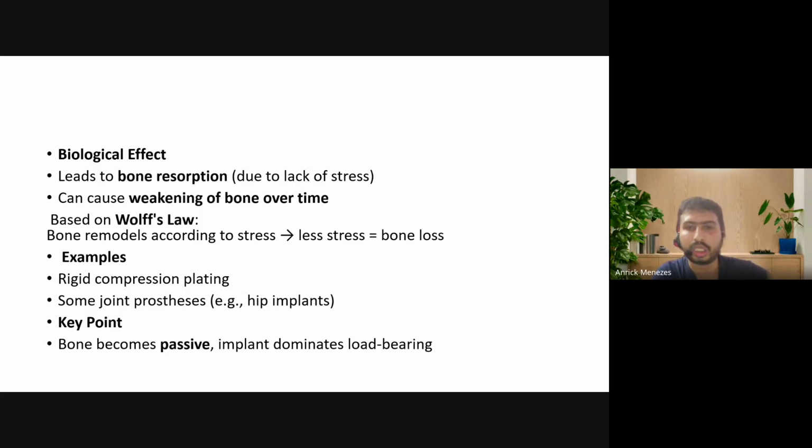Bone remodels according to stress, and considering Wolff's law here, less stress means bone loss. So we can apply it both ways. Examples: rigid compression plating, some joint prostheses. Key point: the bone becomes passive and the implant dominates the load bearing.